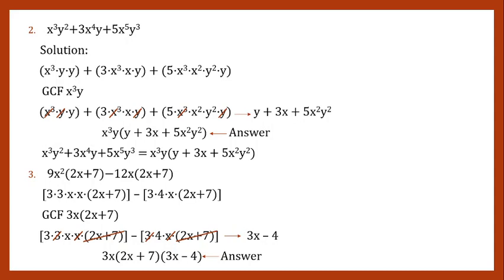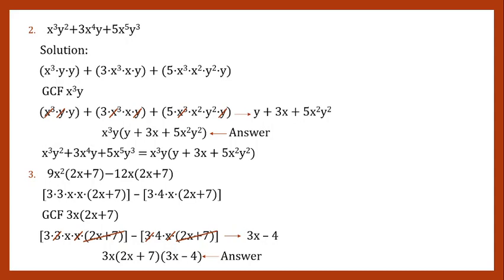Okay? So, eliminate na lang natin yon. Alisin ninyo yung x raised to 3y for every term na in-expand natin. Pag inalis natin, ang magiging outcome, magiging y na lang sa una, at saka 3x na lang yung pangalawa, and then sa pangatlo ay 5x squared y squared. Para din tayo nag-divide. Ganun din naman talaga yung outcome.